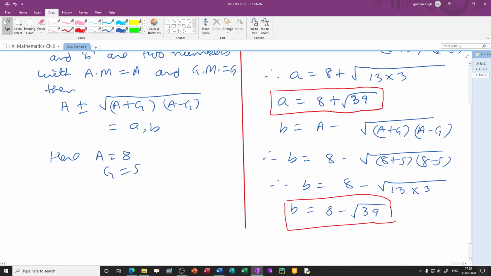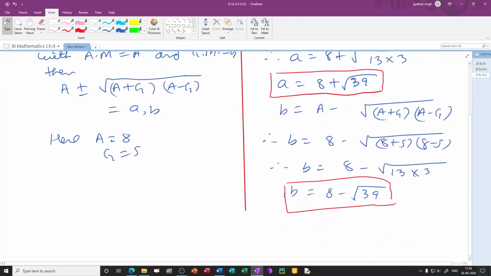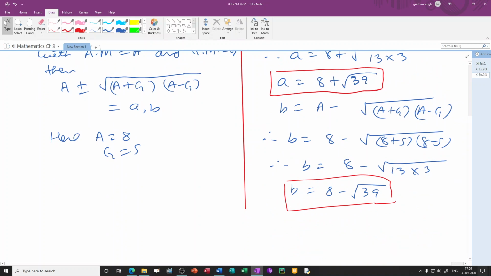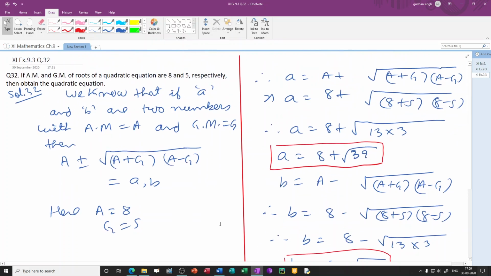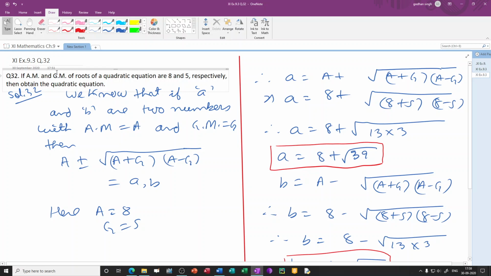Therefore the required quadratic equation will be... let us go through the question again. It says that if arithmetic mean and geometric mean of roots of a quadratic equation are 8 and 5 respectively, then obtain the quadratic equation.